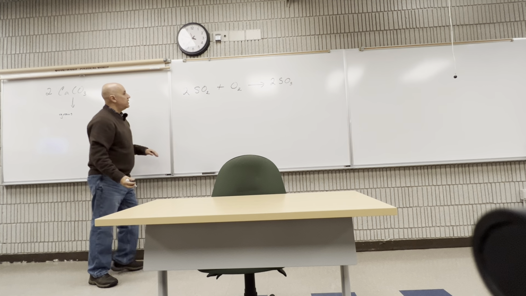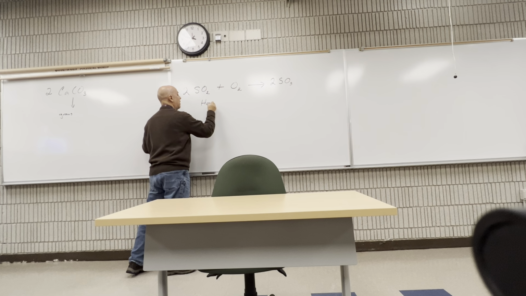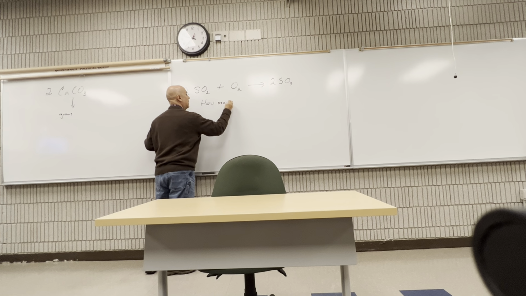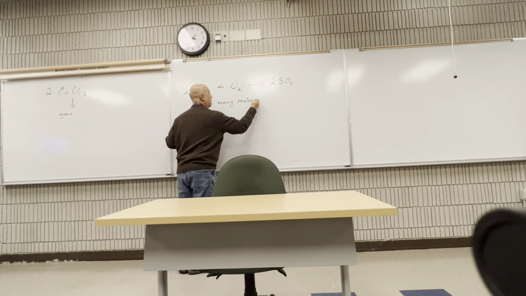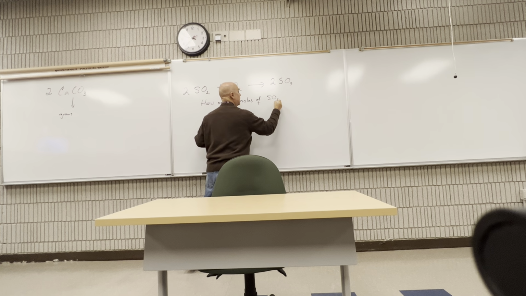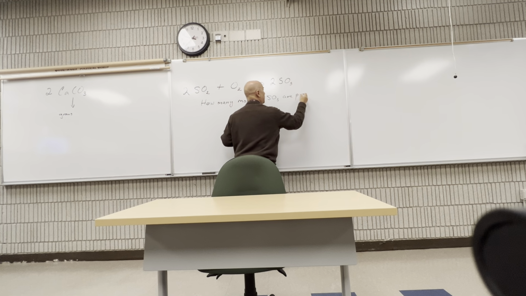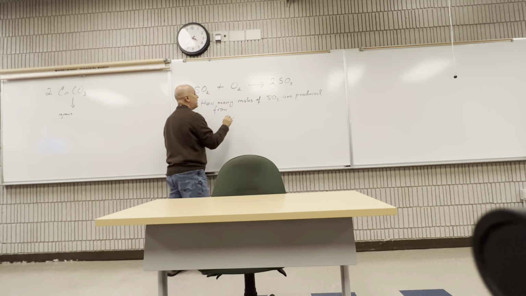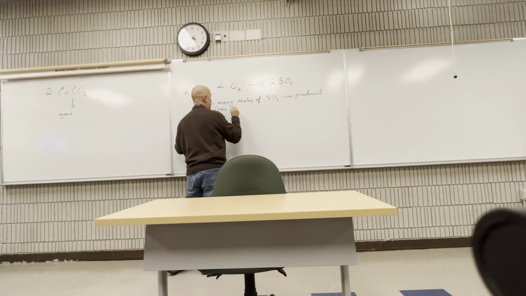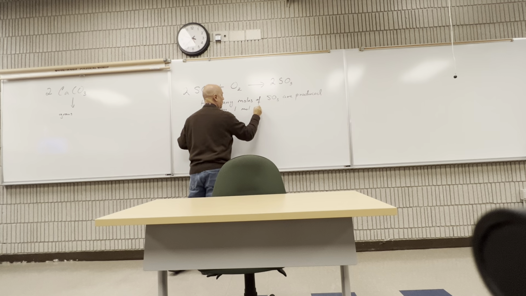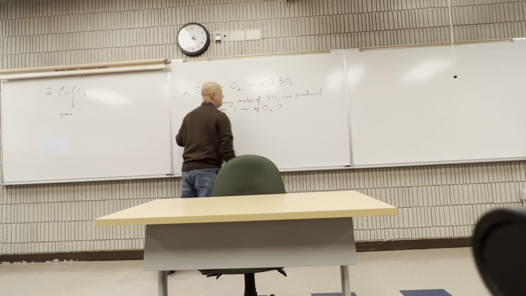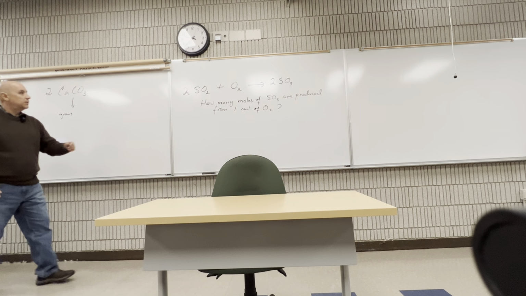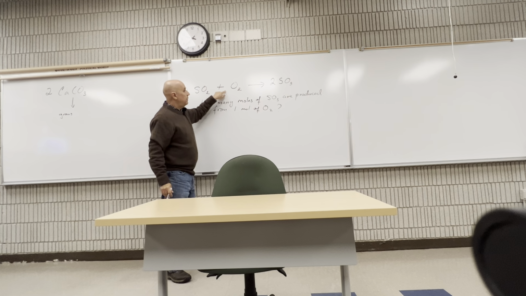So for instance, if you have a question, how many moles of SO3 are produced from, and let me make it very easy right now, then we'll change it, 1 mole of O2, and you look at the stoichiometry, at the ratios, well, you see that 1 mole makes 2 moles.